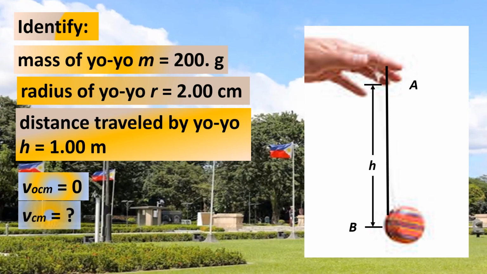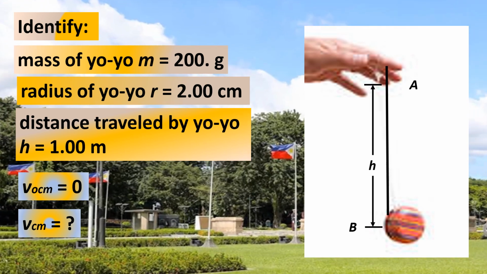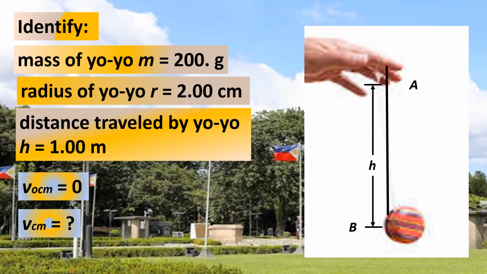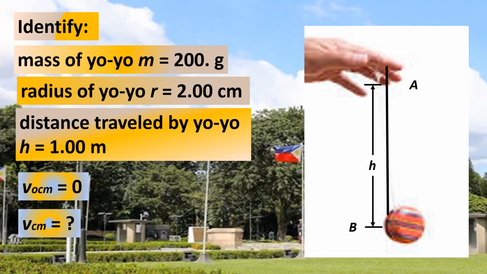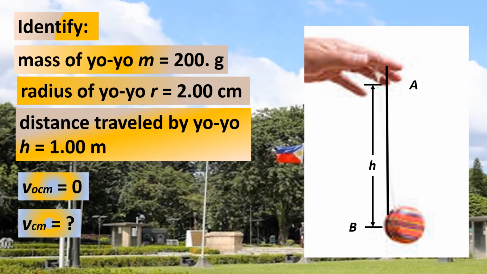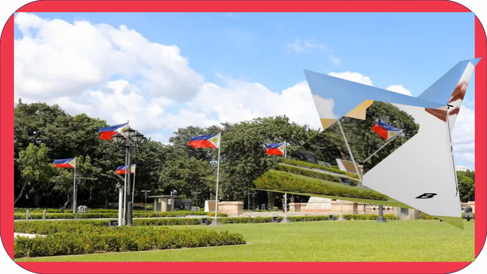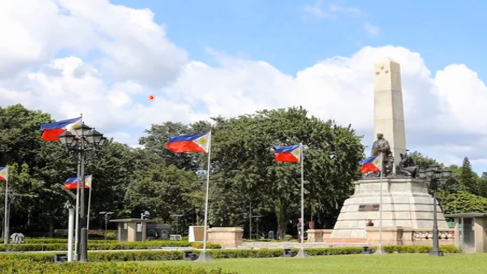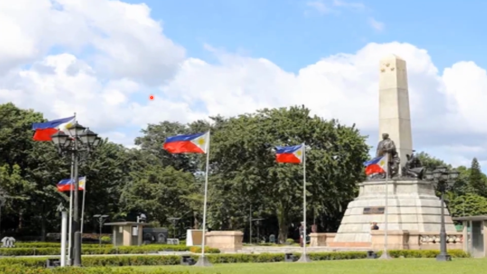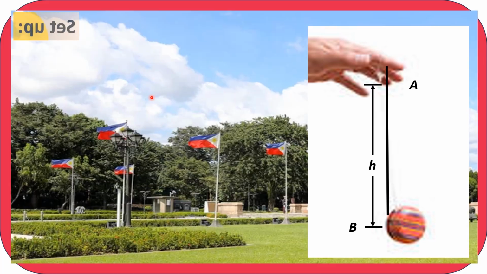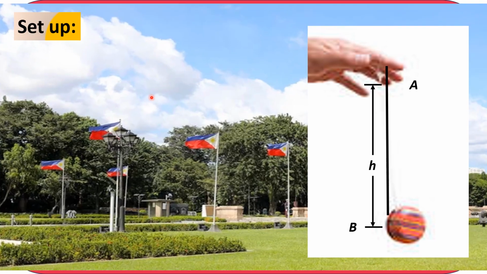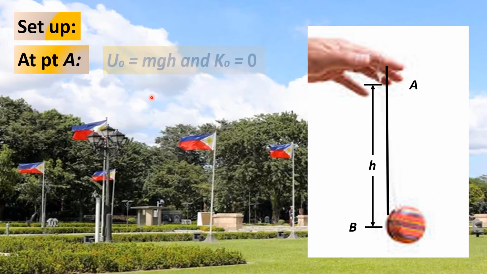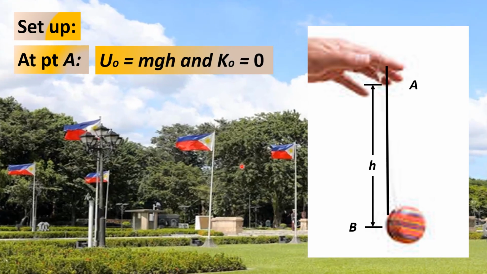And our target variable is the speed of the center of mass of the yo-yo after it has descended a distance h, or when it is exactly at point B. It is required in the problem that we apply the law of conservation of mechanical energy in analyzing the motion of the yo-yo.